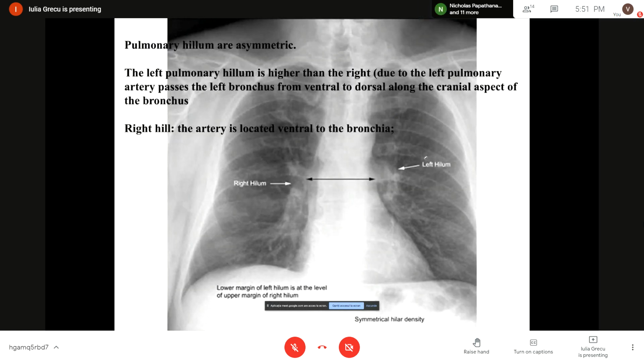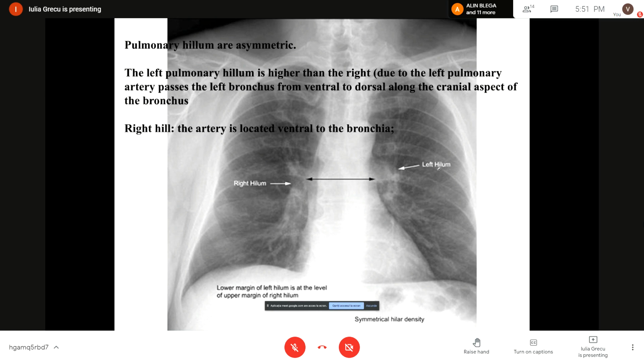The left hilum is always situated 1 or 2 centimeters above the right one, and this is caused by the trajectory of the left pulmonary artery.